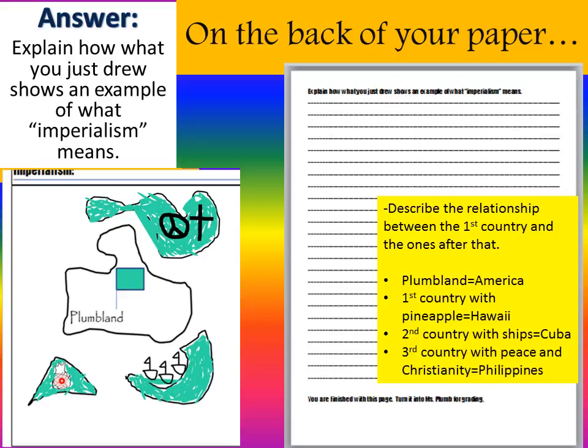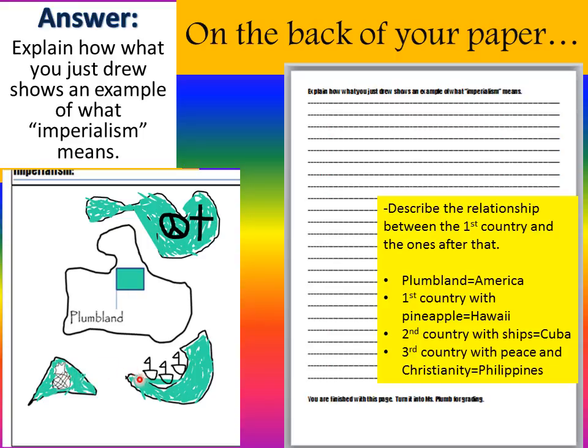And that represents that the pineapple is a natural resource. So one reason that we want countries to be under our control is so that we can use our natural resources. We saw the pineapple, it was there first, and then we took it over. That's why we colored second.